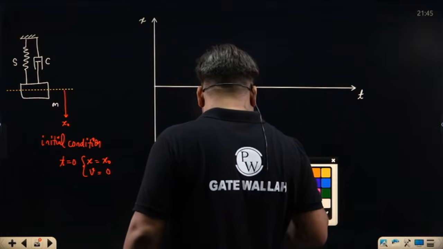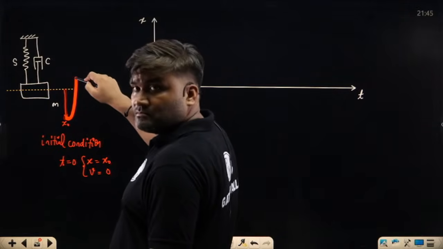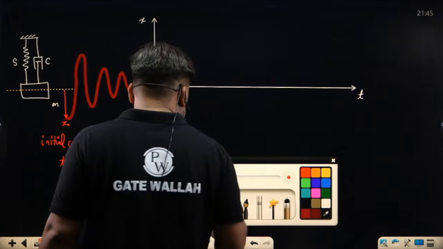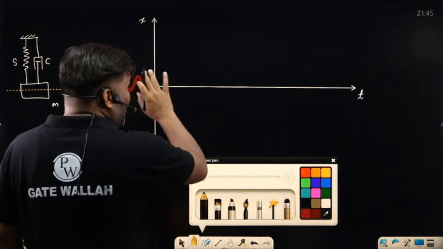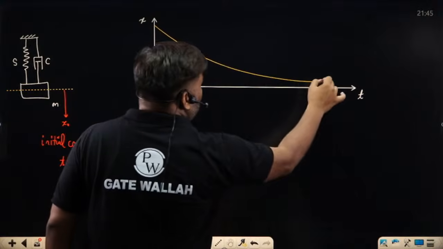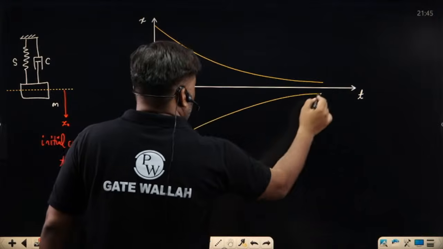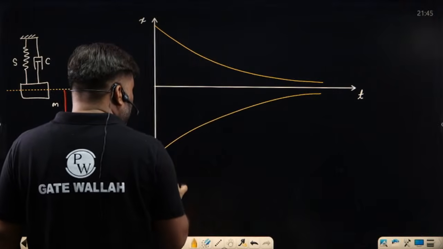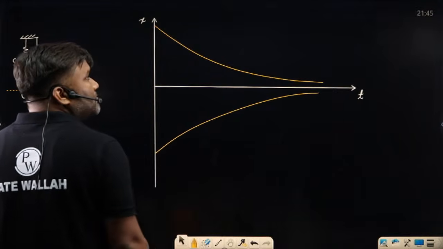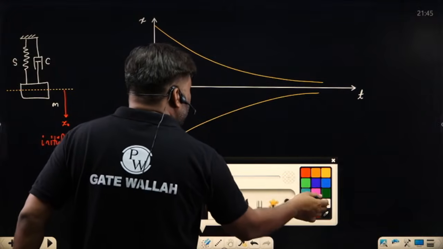From this much deflection you have released it, the system goes back and starts vibration of decreasing amplitude. How can I show it here? Whatever amplitudes are there are exponentially decreasing like this. The amplitudes are going to decrease exponentially under this envelope, and inside this envelope we are going to have our sine wave.